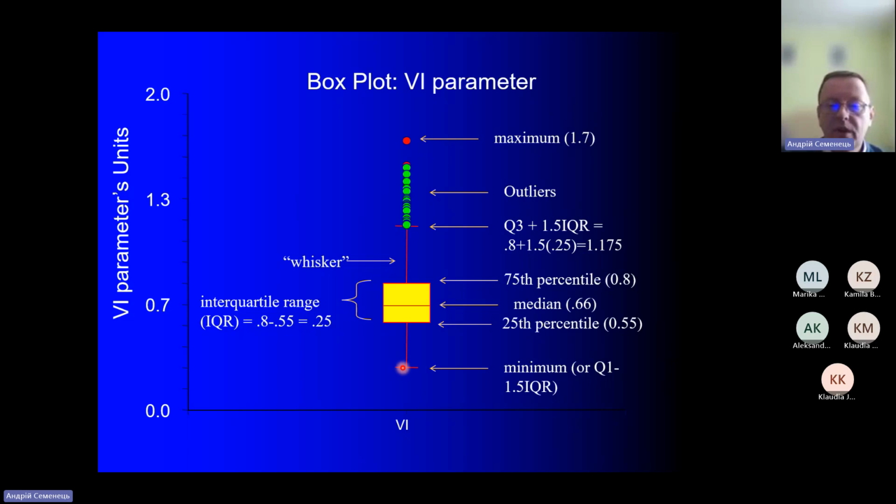We also have an assessment of minimum and maximum, not the exact value, which is given at about 1.5 times the interquartile range, the difference between the first and third quartile. Obviously, our real data might fall outside these boundaries, and then we will have outliers, the real maximum and real minimum.